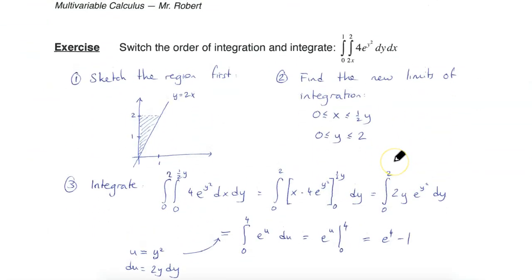This one is interesting because it shows that sometimes you have to switch the order of integration in order to integrate. It is a well-known fact that the integral of e to the power of x squared is not possible algebraically.